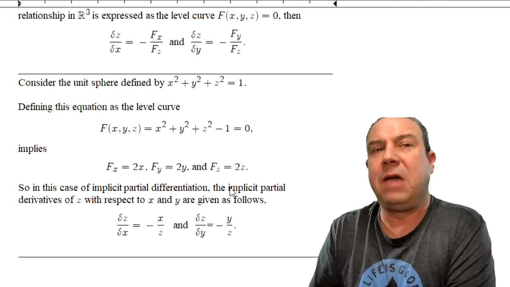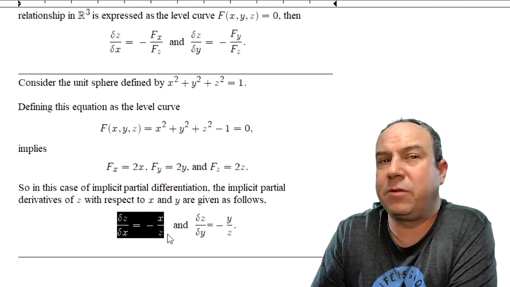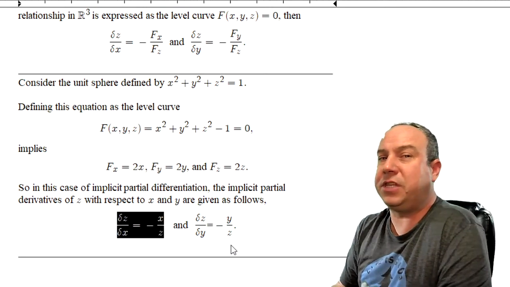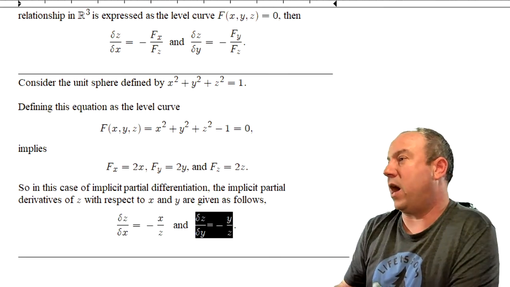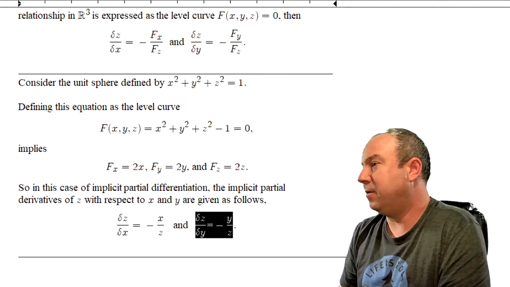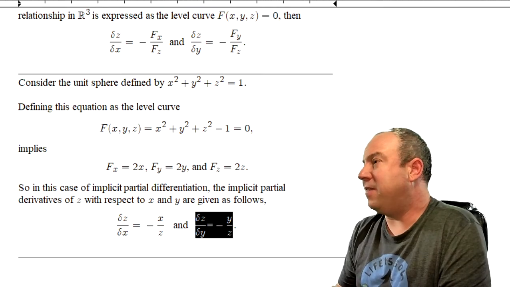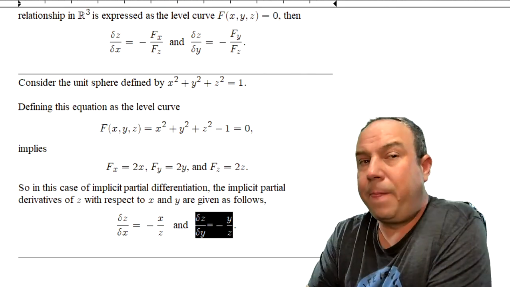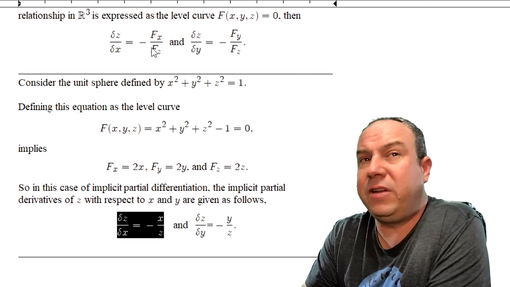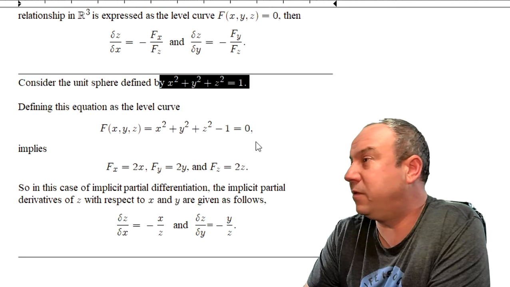The partial of z with respect to x would be negative x over z, and the partial of z with respect to y would be negative y over z in value. And that would describe the rate of change, as we understood partial derivatives, on the unit sphere.